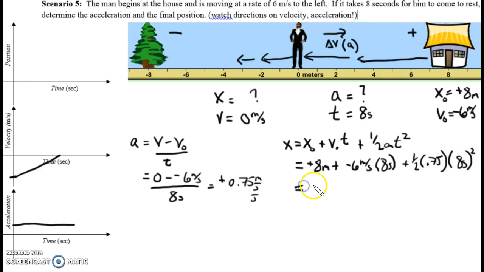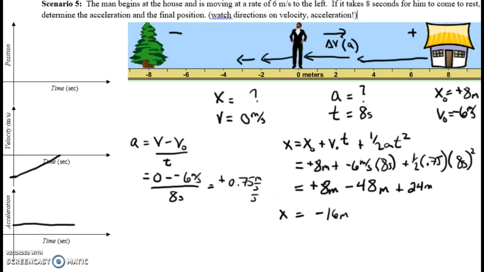If we calculate all this out, we have positive 8 meters minus 48 meters plus another 24 meters. When you combine all these, this is going to be negative 16 meters will be our final position.